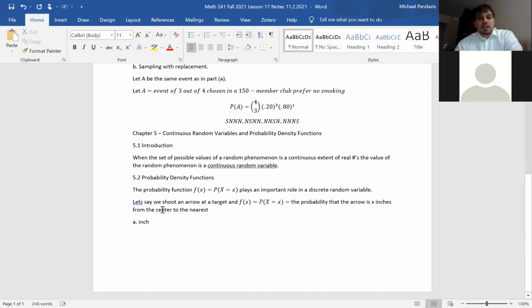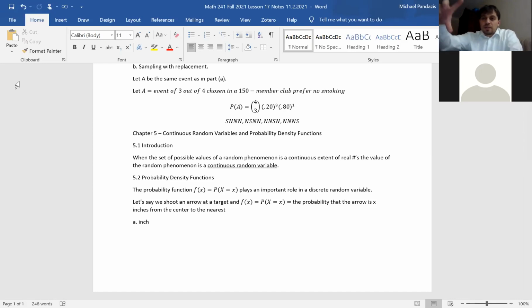What we're doing is this: you have a target for a bow and arrow, and you shoot it. Where the arrow hits, you measure its distance from the center and round it to the nearest inch.